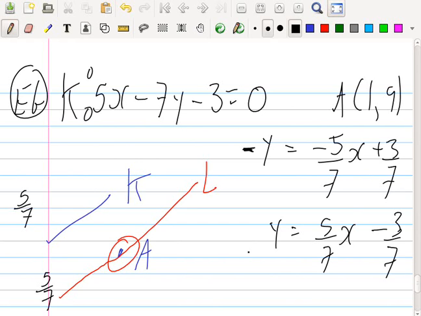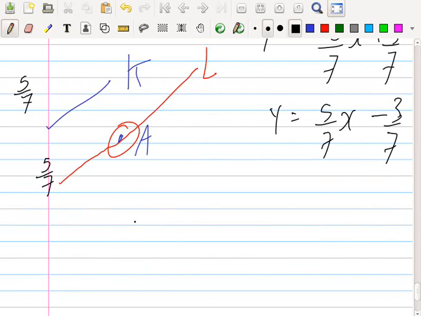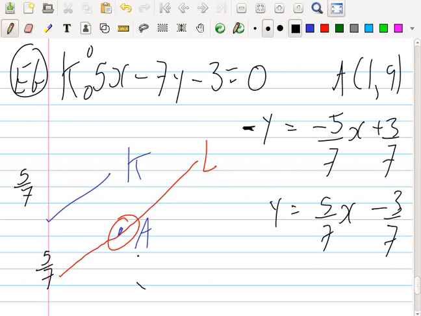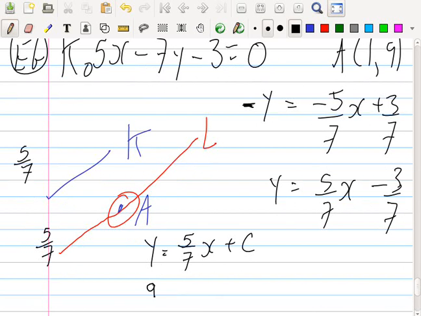Okay, so I have y equals 5 over 7x plus c. And again, I put in my point to find the c. I only have one point to put in. X is 1 and y is 9.